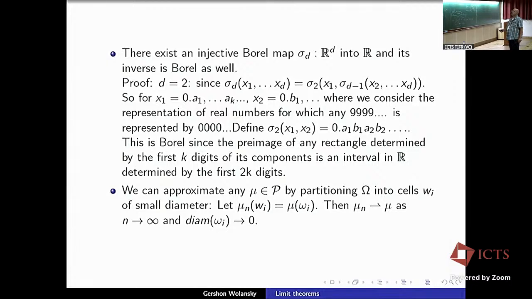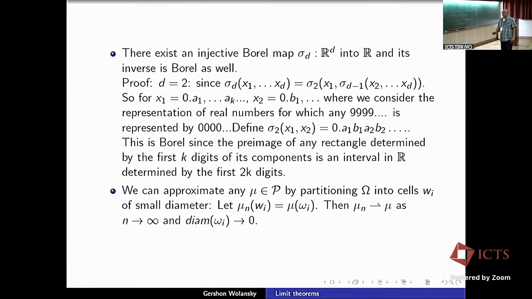So both this mapping and its inverse are Borel. So this proves the second statement. So we now know that we can map R^d into R by a Borel map back and forth.